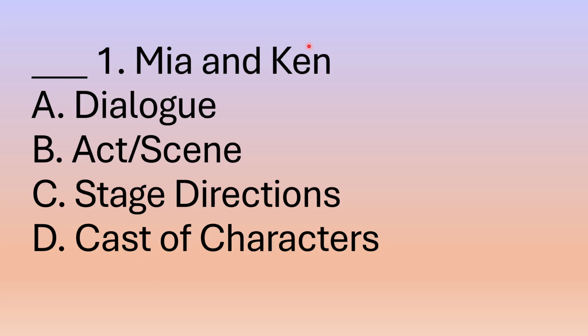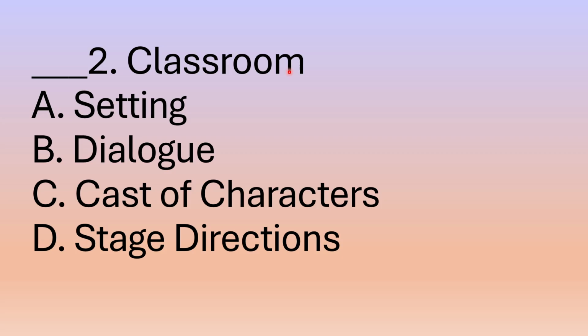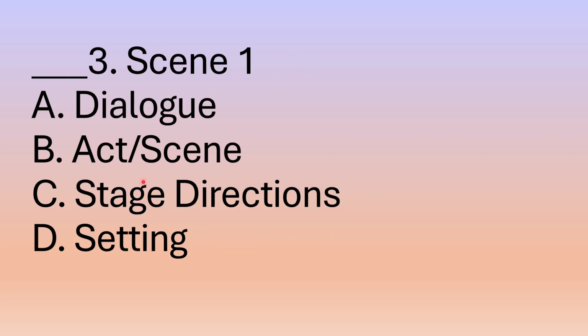Now here's a practice. Mia and Jen is a dialogue, act, scene, stage directions, or cast of characters? The correct answer is cast of characters. Classroom is the setting. Scene is the act and scene.